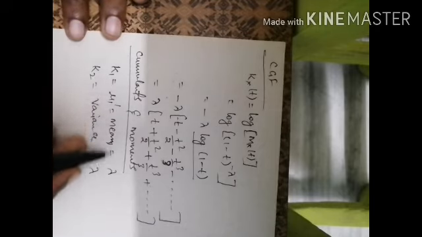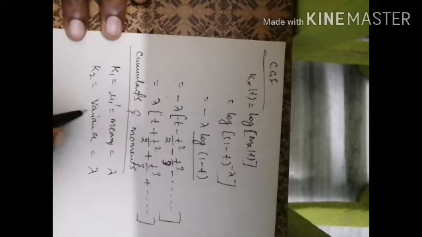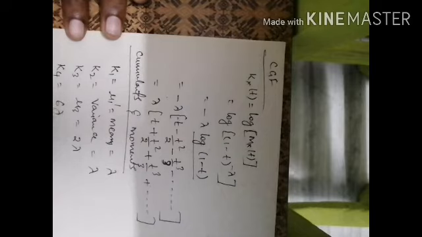The coefficient of t in K_X(t) equals lambda, and the coefficient of t square by 2 factorial in K_X(t) is equal to lambda. And k3, which is also mu3, is equal to 2 lambda. And k4 is 6 lambda, the coefficient of t power 4 by 4 factorial.